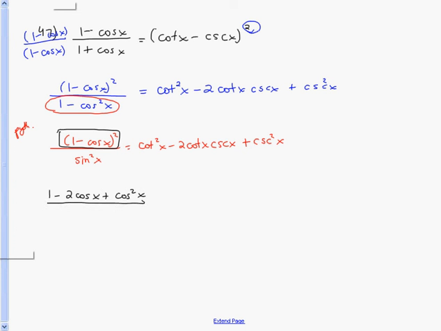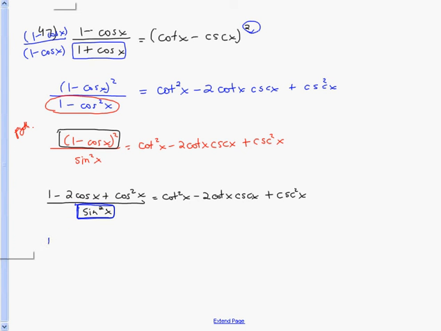All of this is still over sine squared of x equal to cotangent squared of x minus 2 cotangent x cosecant x plus cosecant squared of x. Now there is only one term in the denominator. When there are two terms like at the very beginning of the problem, we cannot break these apart. But when there's only one term, we can break these apart.